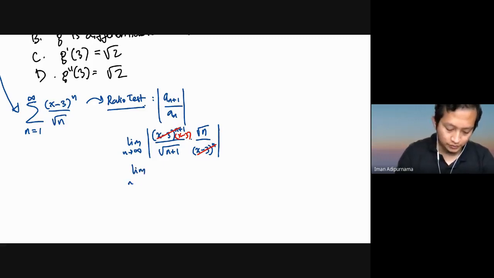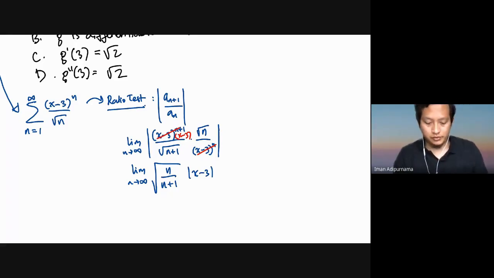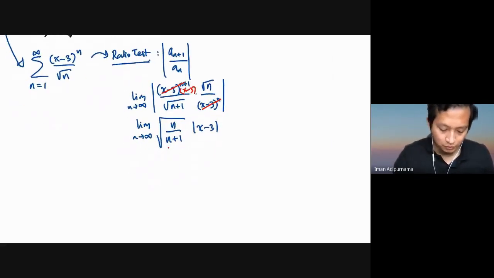So we have a limit, and square root, and this is our n, and this is the absolute value of x minus 3. This will be 1, so this will be just x minus 3.